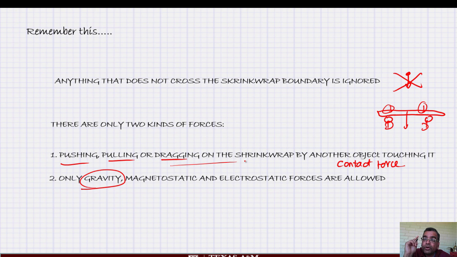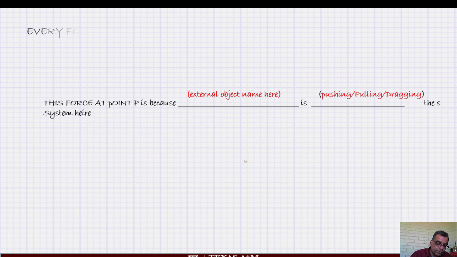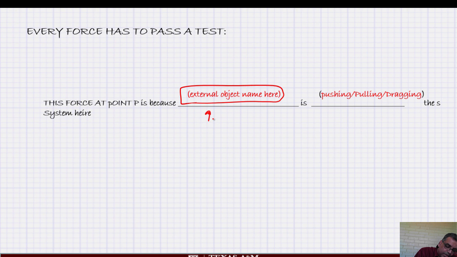This is hard for you to actually use because in your previous classes, you may have all kinds of other things that have been included. So you have to be very careful about doing this. Every force has to pass a particular test. Force at a point P has to be because some external object, which you should be able to name, is pushing, pulling, dragging the system here. So if you look at our skateboard, if you ask, what is this force?